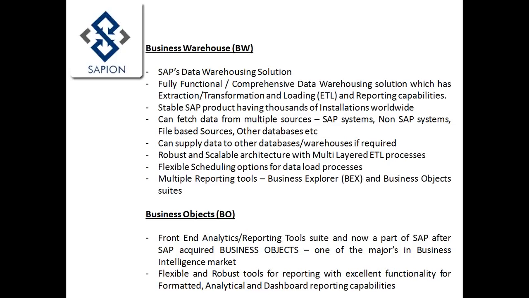Extraction, transformation, and loading, right? There are a lot of other ETL tools available in the market, Informatica, etc. SAP's BW has its own ETL within the software itself. We don't need a third-party ETL. It's a comprehensive data warehouse which has both ETL and reporting capabilities. It's got its own reporting tools.